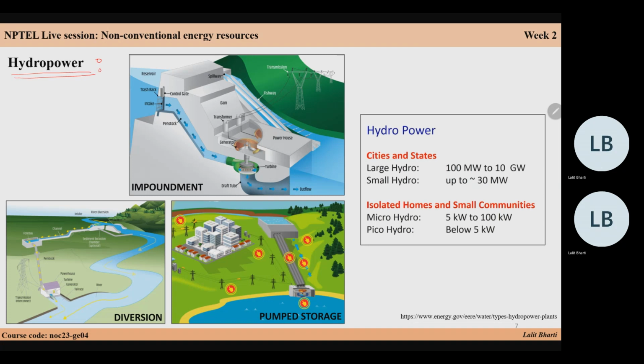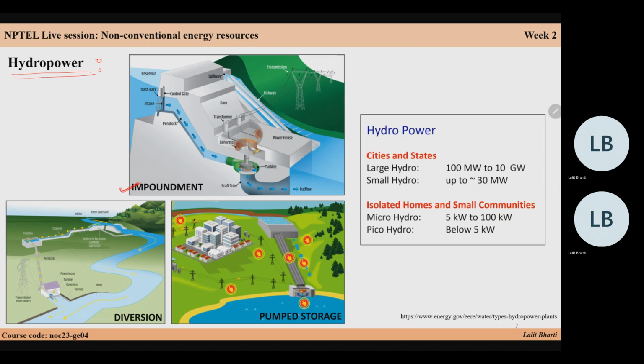So hydropower is basically energy generated with the help of water. So you can see three examples here. First one is the impoundment type of hydropower generation. This is usually what we regularly see in India and in almost all the countries.